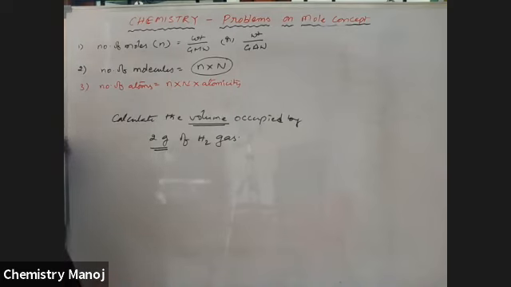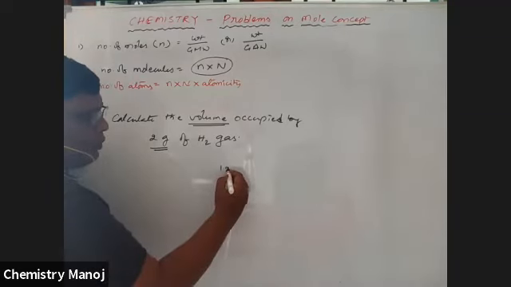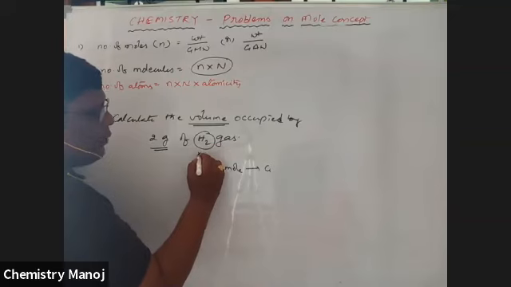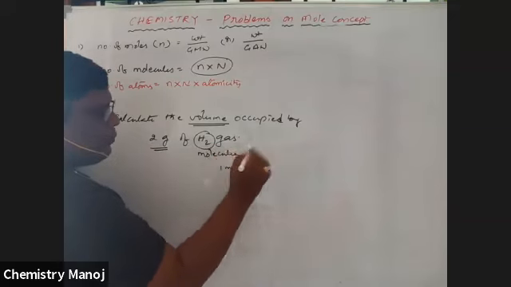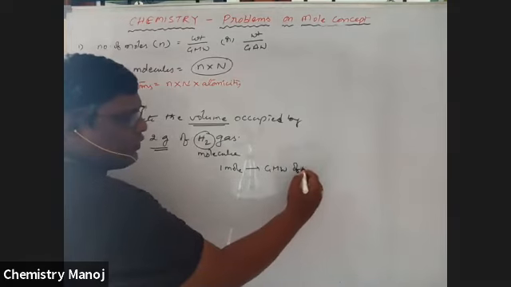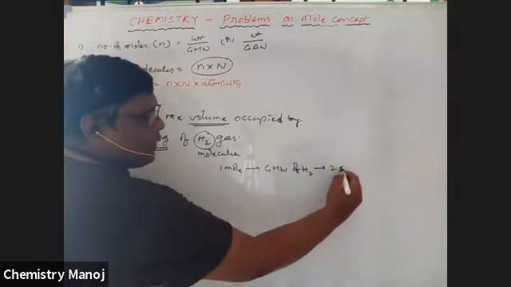Now, 1 mole is equal to, because H2 is a molecule, 1 mole is equal to the gram molecular weight of H2, which is equal to 2 grams.